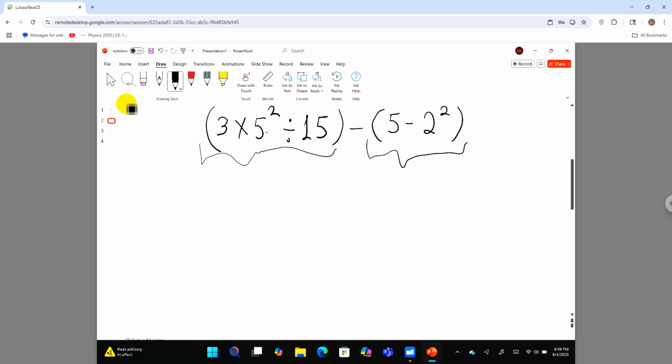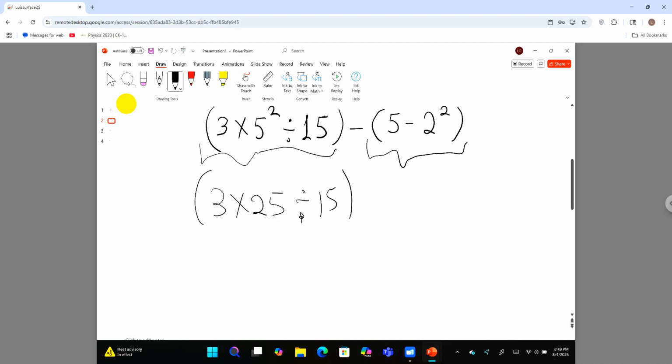So exponents come before multiplication and division. So first is 5 to the power of 2, which is 25 divided by 15. Right? Now that we have performed that, we can see what we have. We have multiplication and division.